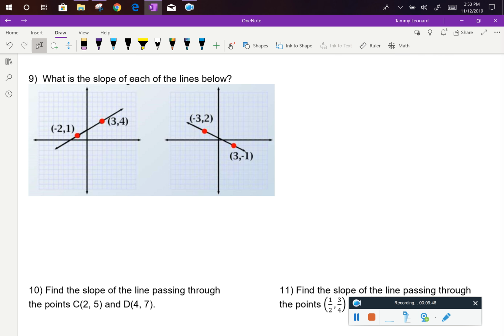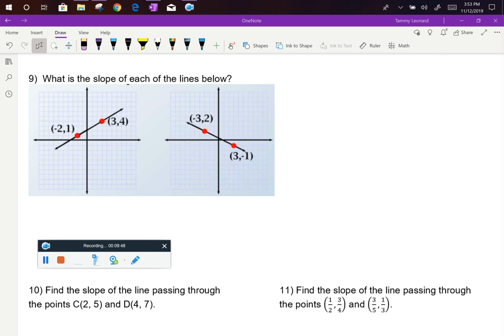Number 9, what is the slope of each of the lines below? This is less about meaning and more about calculating. So remember there was a slope formula. The slope, which is our constant rate of change, can be calculated with y2 minus y1 over x2 minus x1.